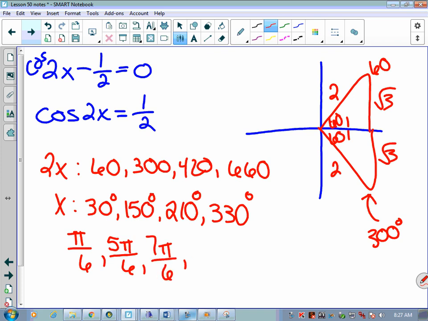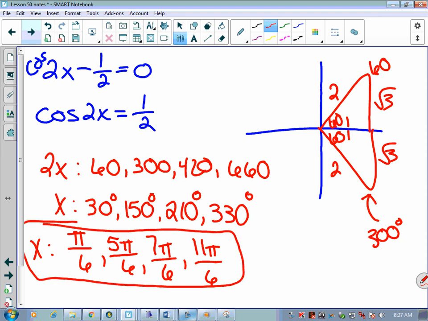And finally, 330 divided by 180. 11 pi over 6. Okay, this is our answer for that. Pretty easy so far. We can do this.